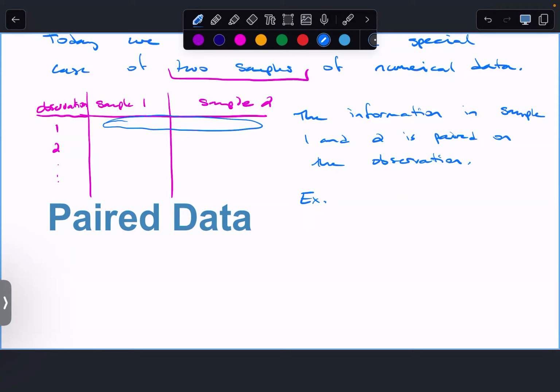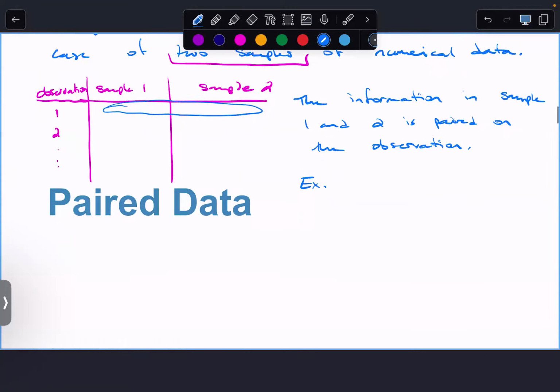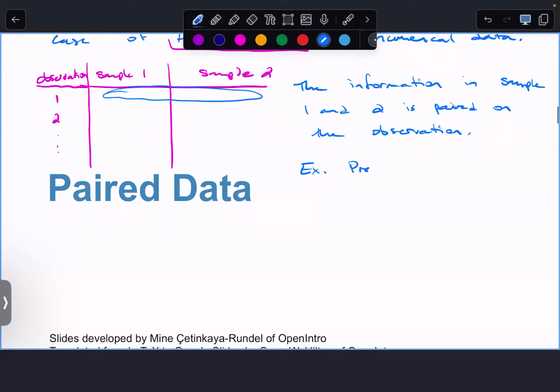And then you look for an improvement, usually, or if there's been a change. We can make a stretch if we have twins, for example, where there's no reason to think that there's any difference between sample 1 and sample 2, twin 1, twin 2.